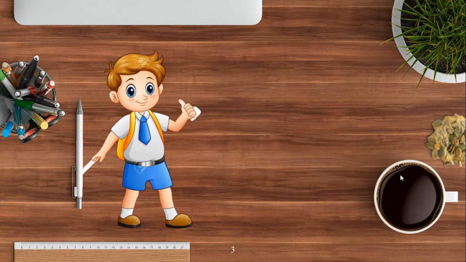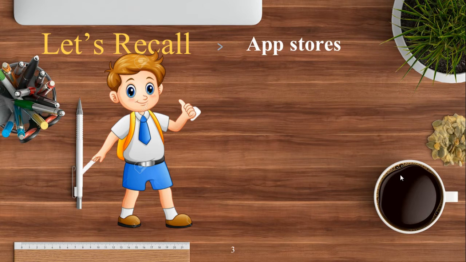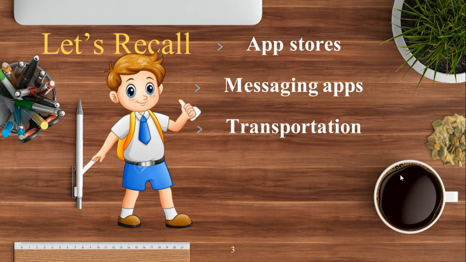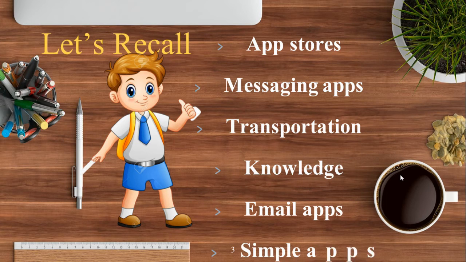Last class, we completed programming in Java and we introduced the application stores, messaging apps, transportation apps, knowledge apps, email apps, and simple apps. Okay, you all know what is Messenger. So, a few Messenger apps: WhatsApp, then Google Talk.